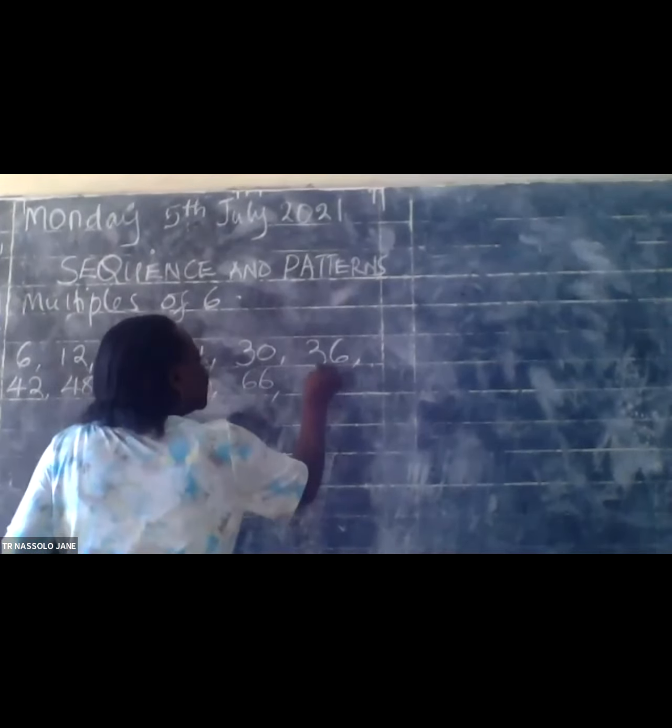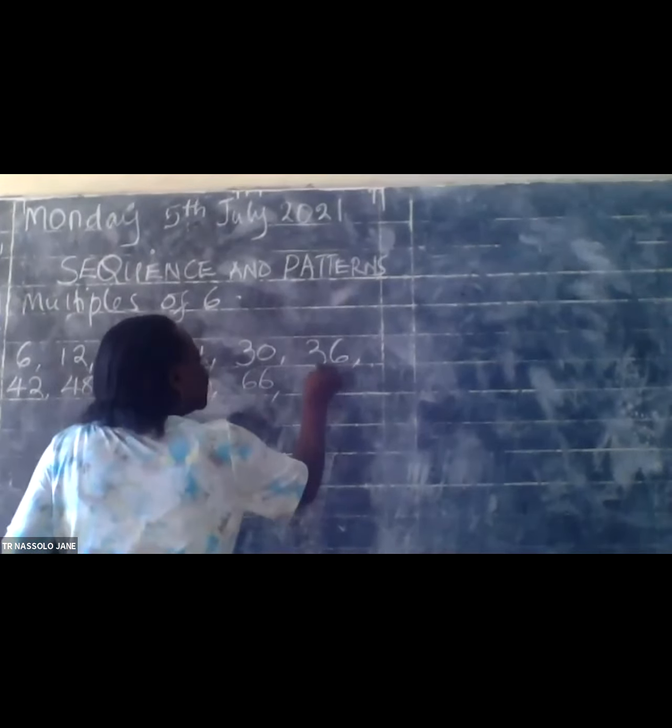And how else can we get the 10th multiple of 6? Yes, Navidien? We multiply the position. We multiply 6 times 10 to give us 60. So you can also get it by getting the position times the number.